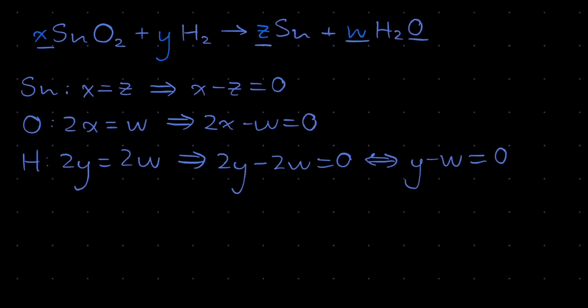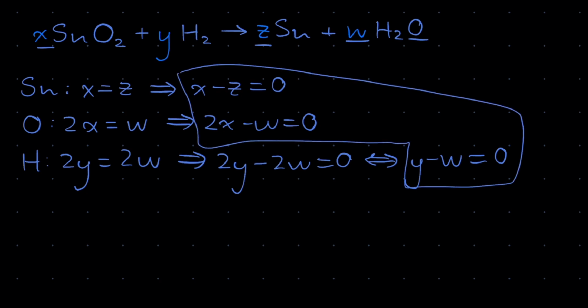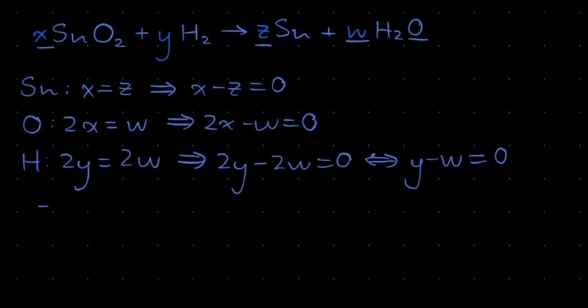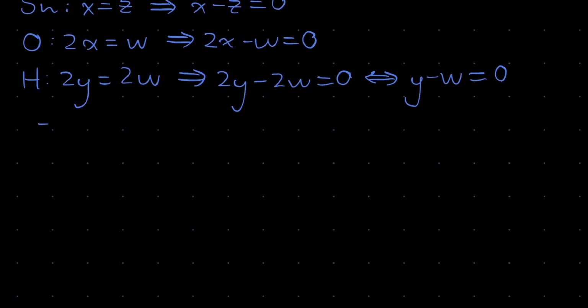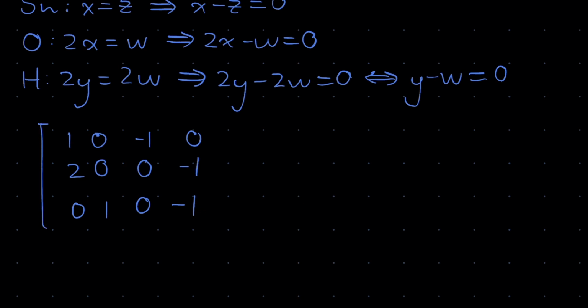Alright, so after this, we can set up a system of equations. So the system of equations we will need are over here. And let's construct a matrix. The matrix is as follows. 1, 0, minus 1, 0, 2, 0, 0, minus 1, and 0, 1, 0, minus 1.